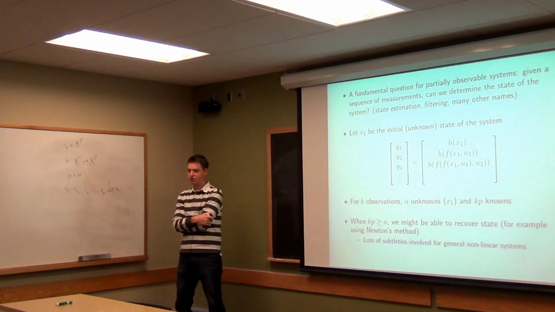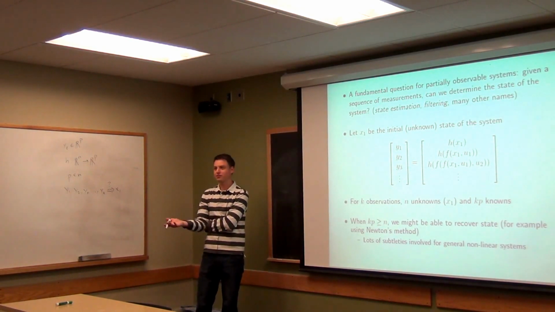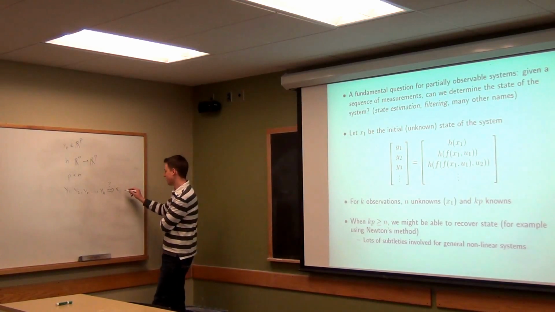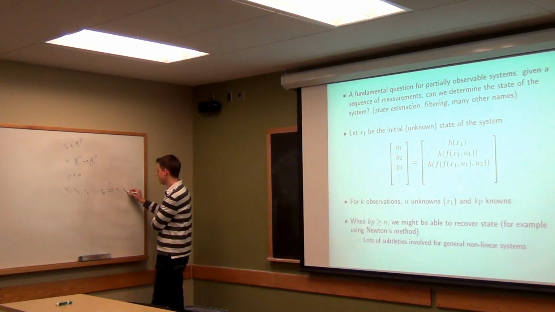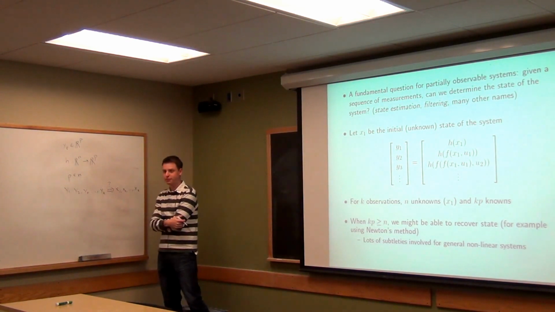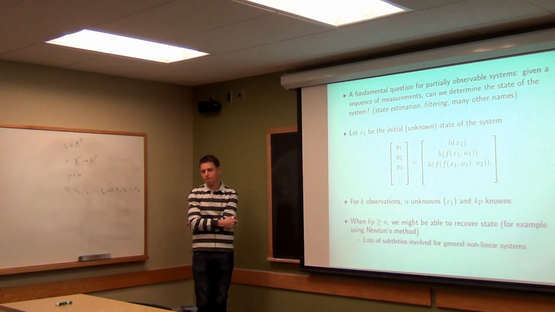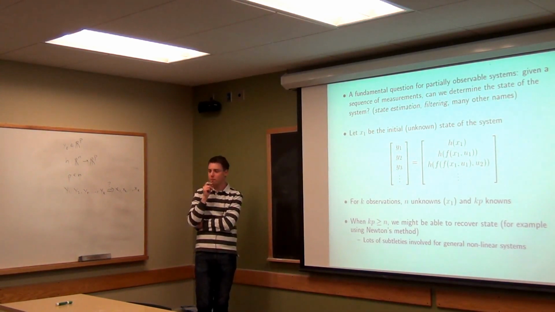And in fact, because this is deterministic, if I know x1 and I know all my controls, I will know all my x's. So can I go from this to know all my x's? Again, you can't do it from one, but maybe you can do it from more than one.